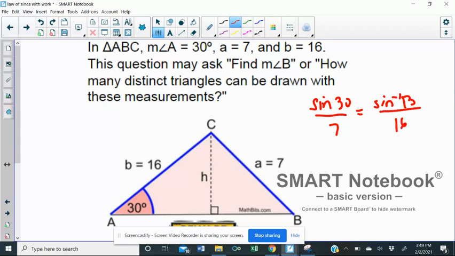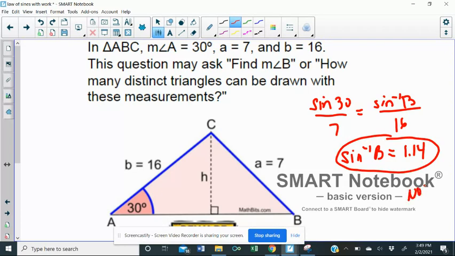I'll give you a second to calculate that. When you calculate it, the decimal you should come up with is 1.14. And when you try to do the arc sine of that, we know sine can't be greater than 1. So this is not a triangle. So no solution.